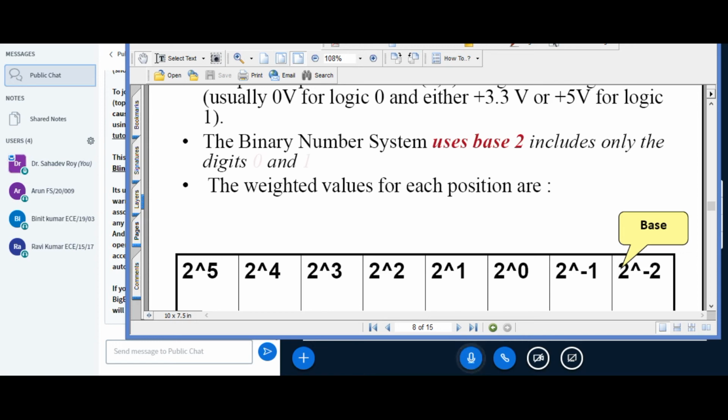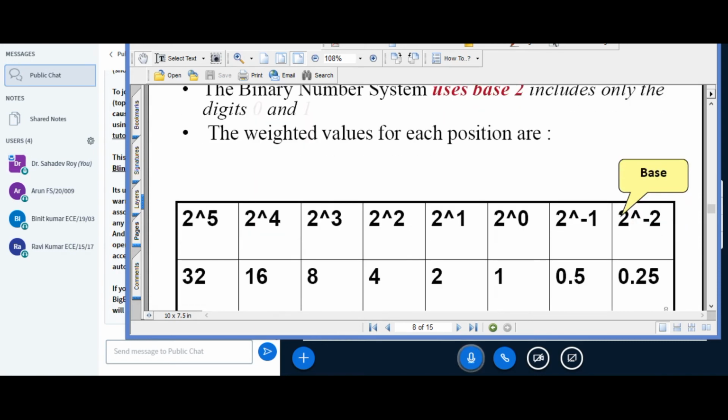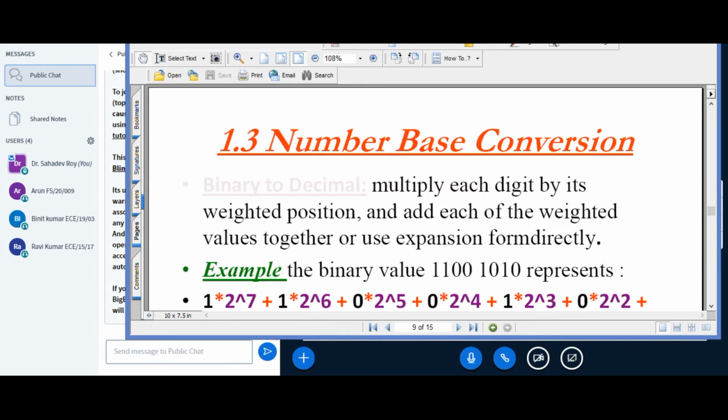Position 3 on the left-hand side is 2 to the power 3, which means 8. For binary to decimal conversion, multiply each digit by its weighted position.